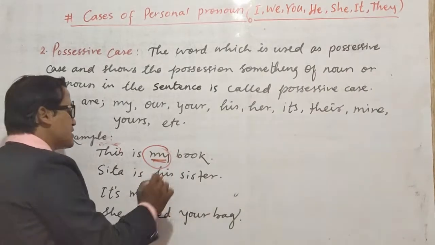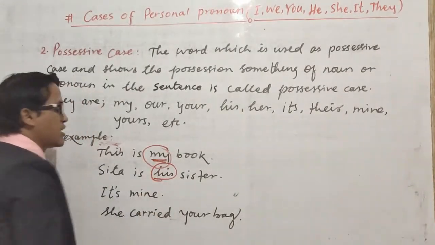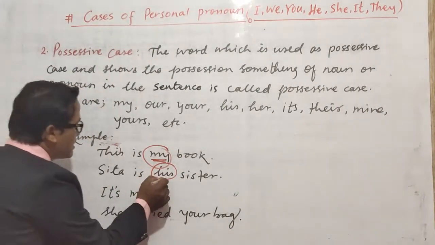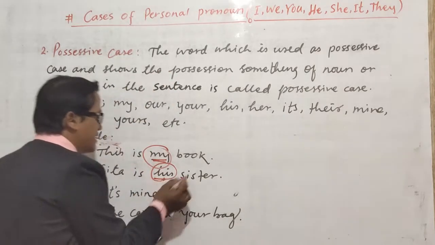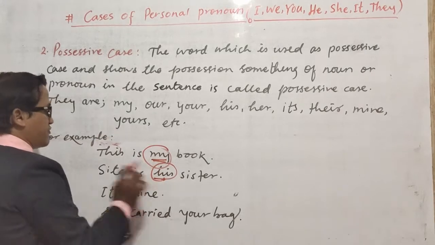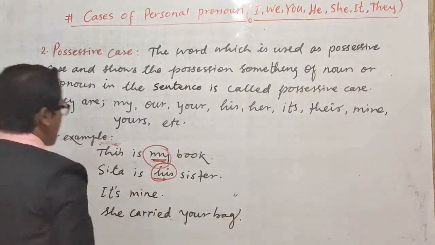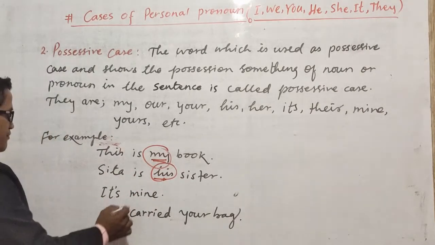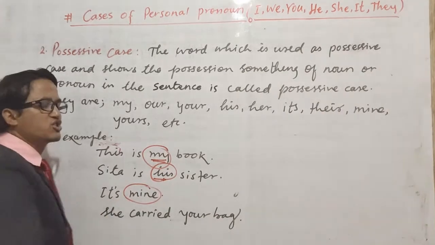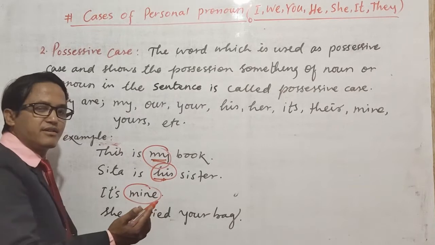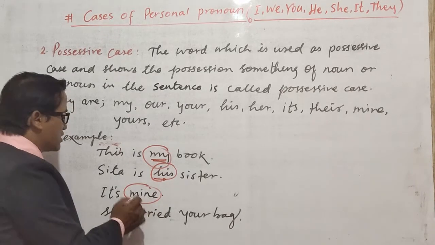Here his is a personal pronoun in possessive form, and it is working as possessive case. So that's why this is possessive case. Similarly, it's mine. Mine is a possessive form. So this is also possessive case.